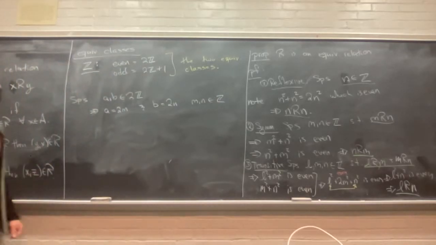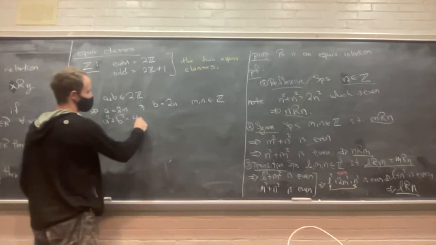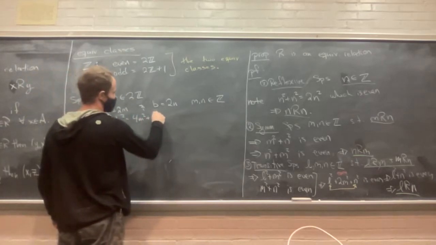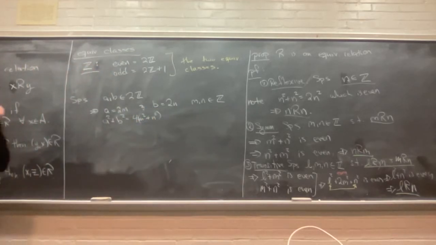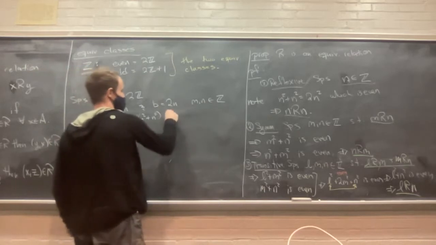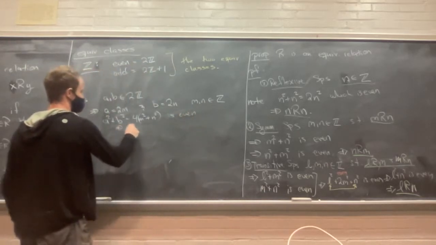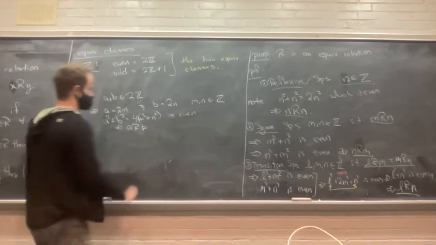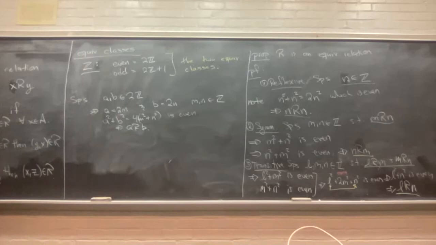That's the definition of being in 2Z. And then we've got A squared plus B squared equals 4 times M squared plus N squared, just by the fact that we have even numbers. Which is even, but the fact that that's even means that A is related to B. So that means everything that's even is related to everything else that's even.